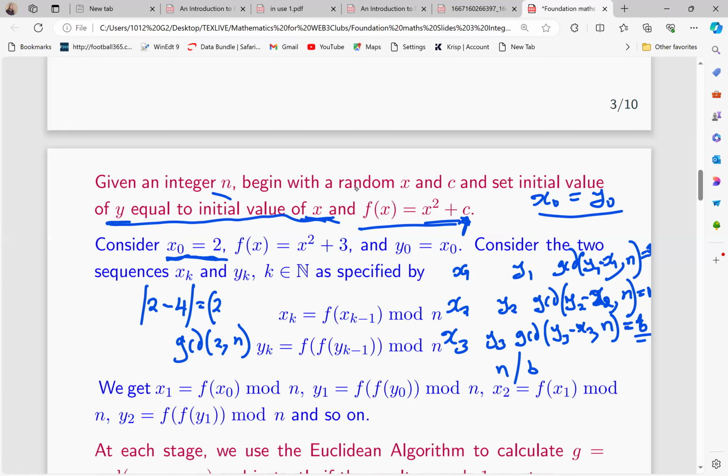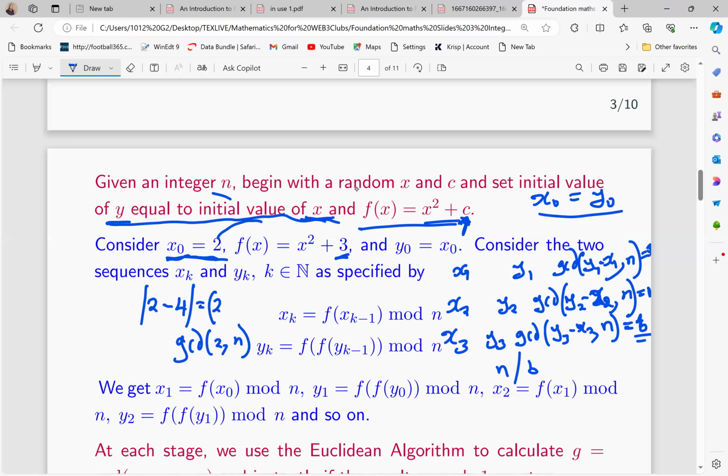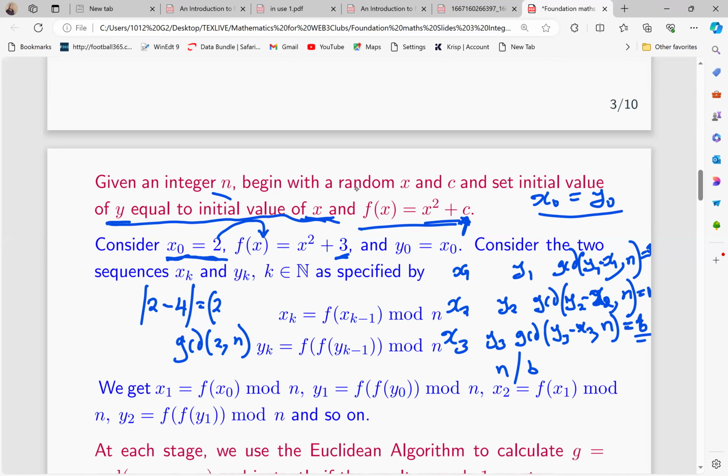To get x1, we just put the value of x naught where there is x. When x naught is 2, 2 squared is 4, plus 3 is 7. That 7 is our x1.